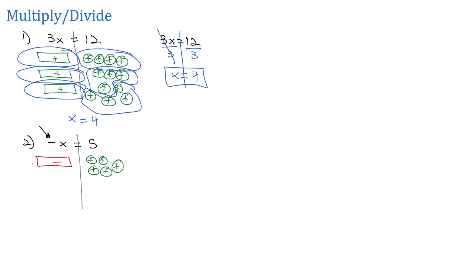And so we're going to flip over our negative strip and make it into a positive strip. But if I do that and I flip over the left side, I also have to flip over the right side. So all those positives get flipped over, and they all become negatives. In other words, we end up with an x on the left and 5 negatives on the right. So that x represents 5 negative chips.